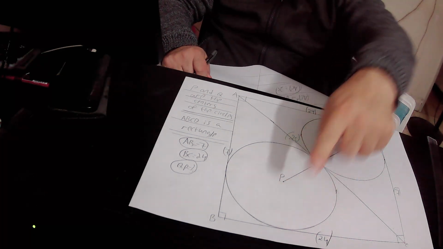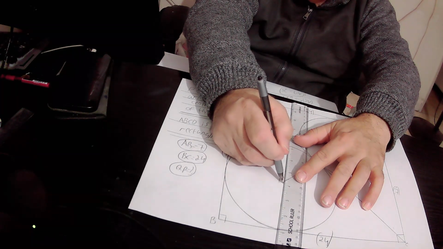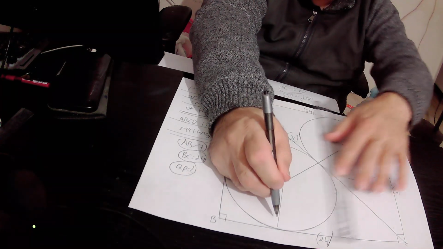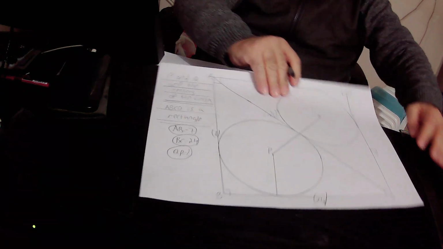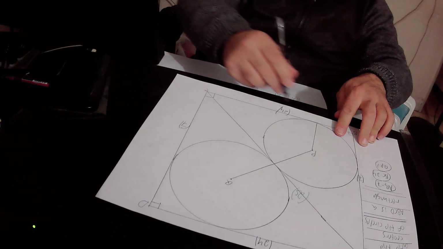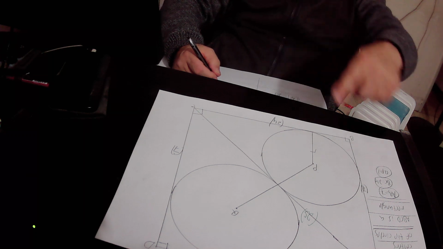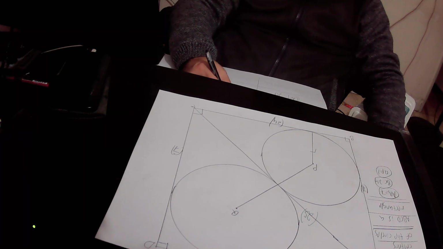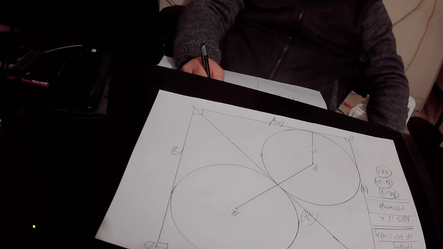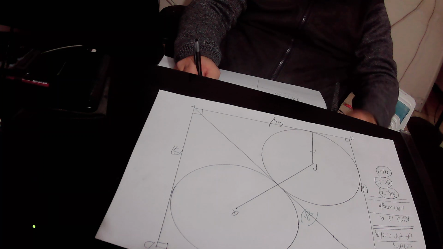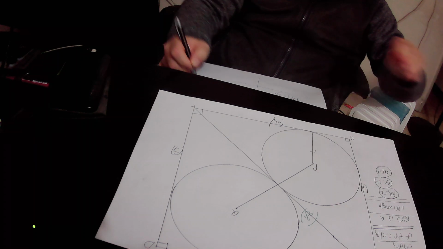We define the radius of this circle as R. So the radius R of this circle, according to the new formula, will be equal to AB plus BC minus AC over 2.